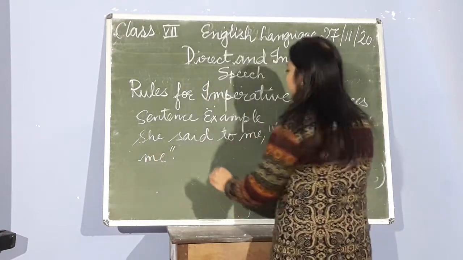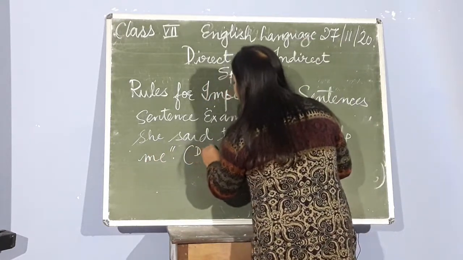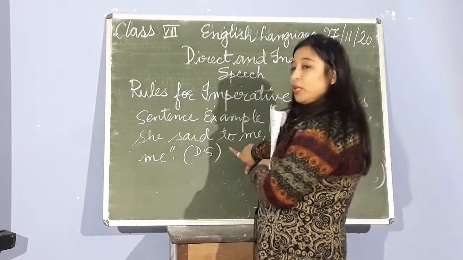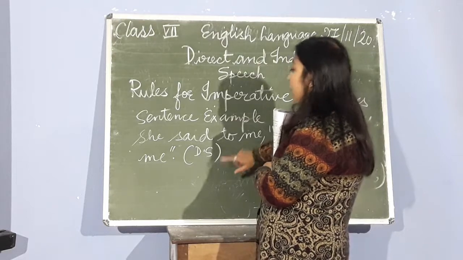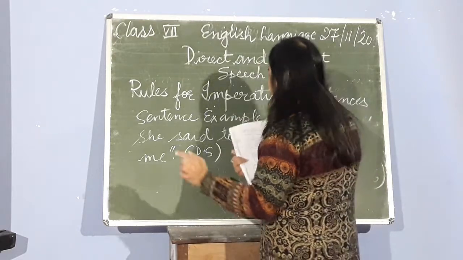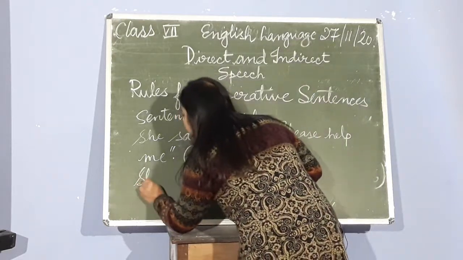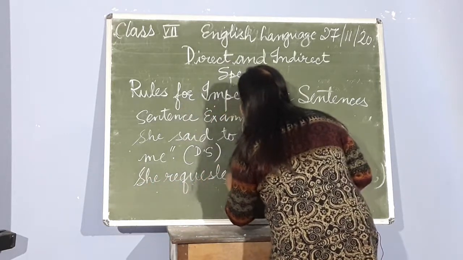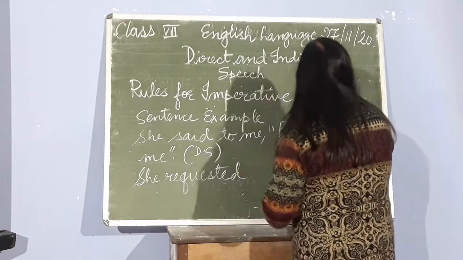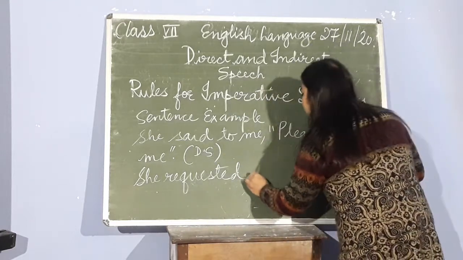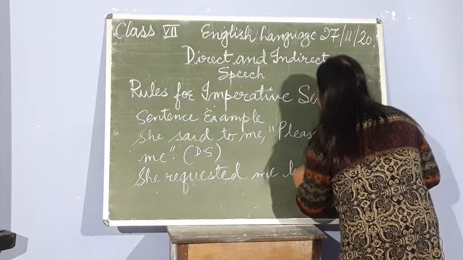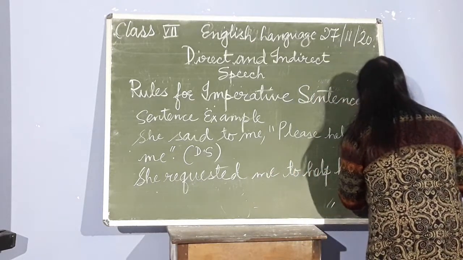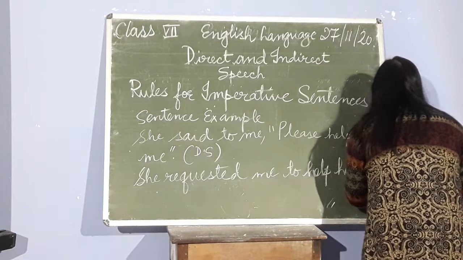This one is a request. If you have to change it into indirect, you'll have to use words like requested. She requested me to help her. This one is in the indirect speech.